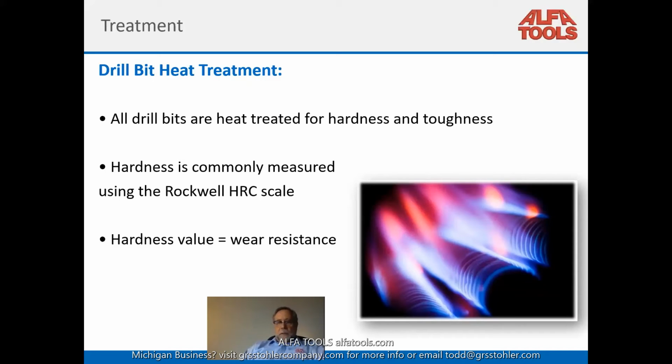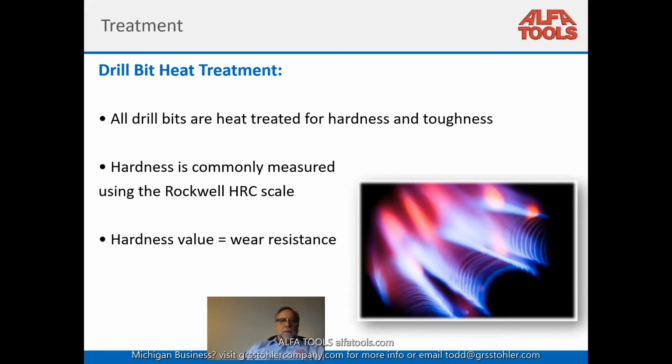Once this high-speed steel tool is heat treated properly, it's usually measured on the Rockwell C scale, HRC scale. The harder they harden them, the more wear resistant they are. But you have to be careful not to harden them too much. They become brittle and will chip out inside the hole.